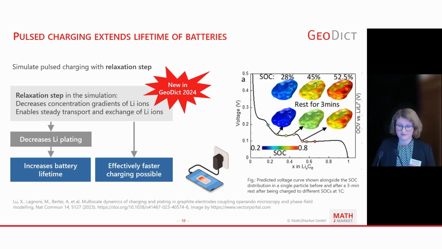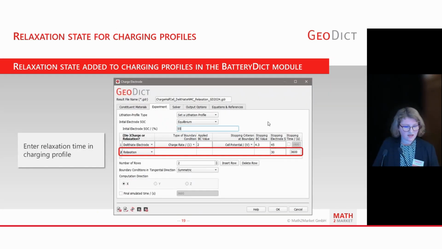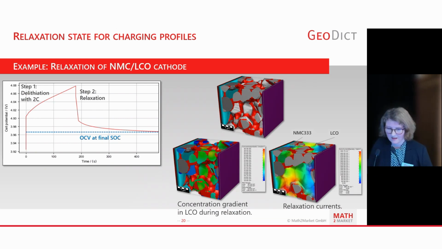That decreases the lithium plating and thereby extends the battery lifetime. In addition, faster charging is possible. Here you can see how easily you can add this relaxation step to your simulation in the BatteryDict user interface. You can just choose it here and also add a time.